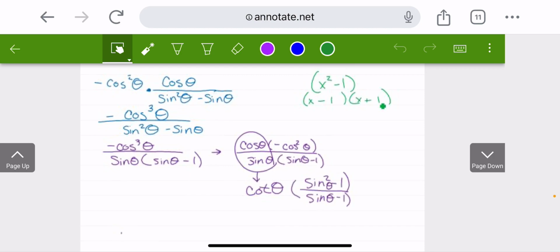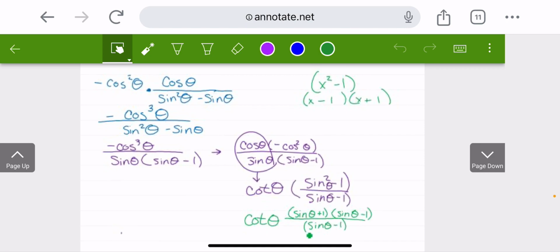It's a difference of squares, right? Well, what if x squared was really sine squared? Yeah, so we can write this. We've got cotangent of theta, and what we really have here is sine of theta plus 1, sine of theta minus 1 over sine of theta minus 1.